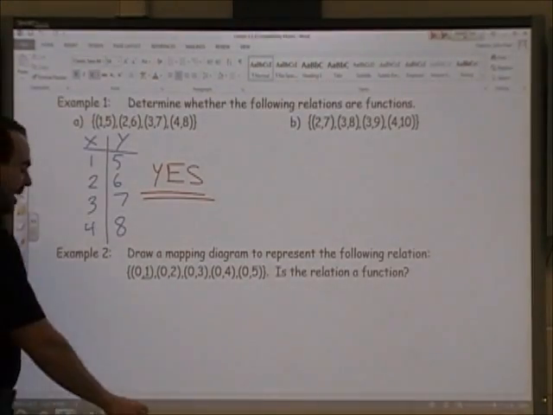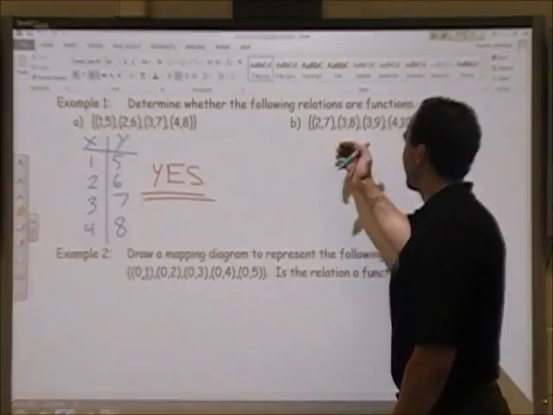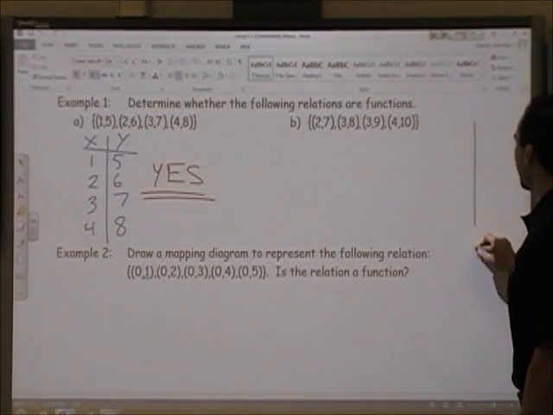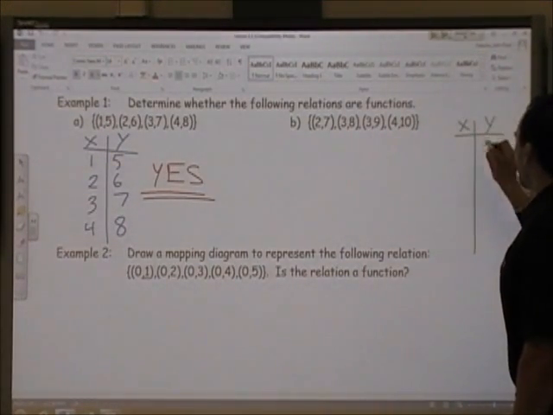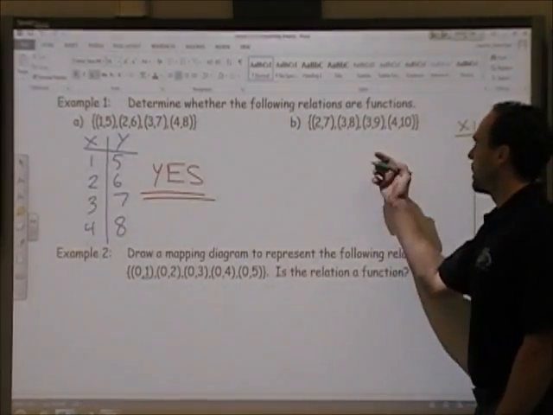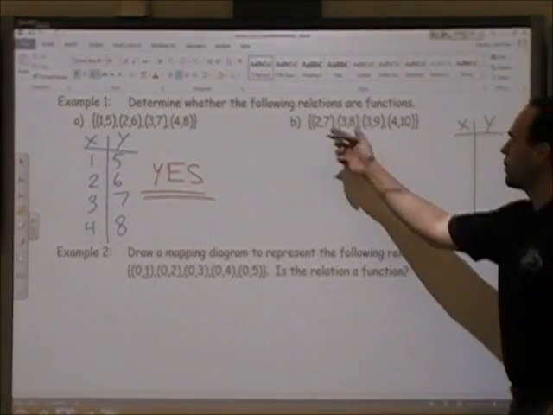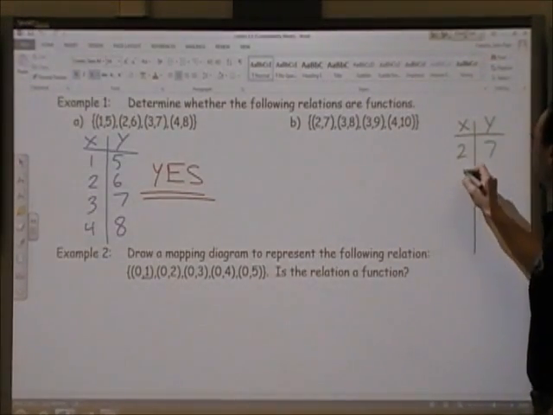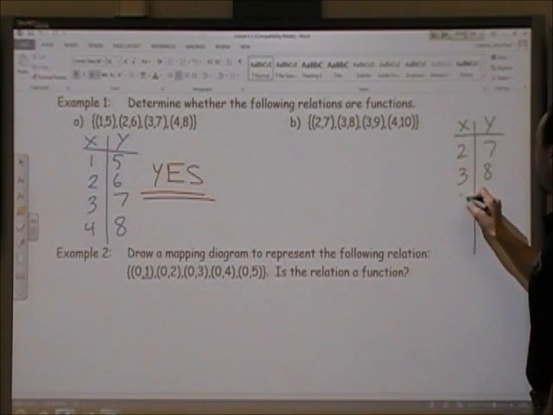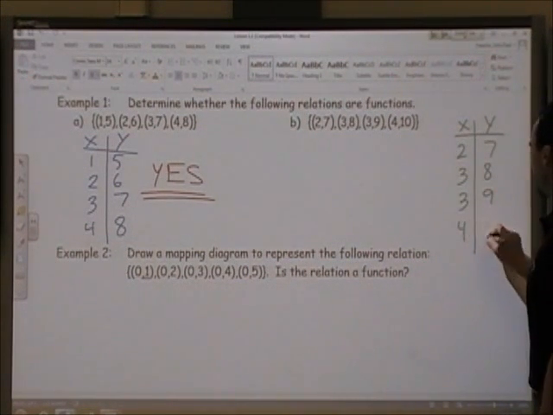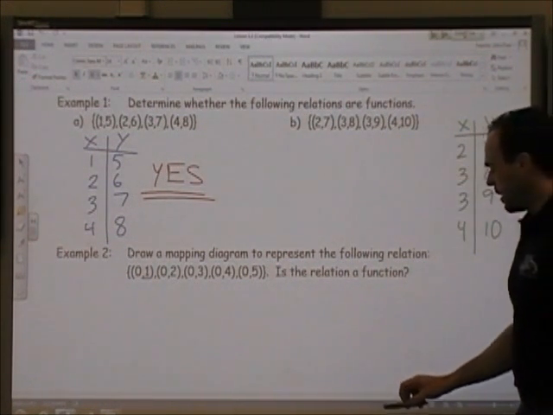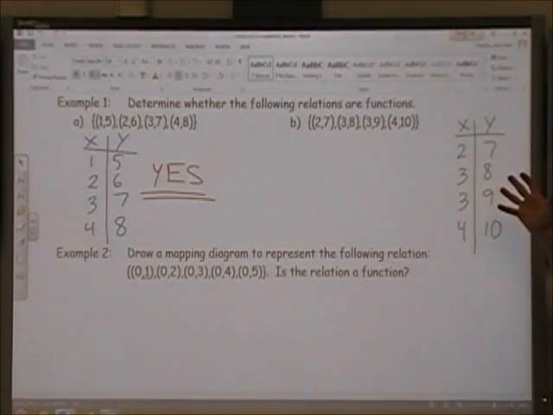And let's take a look at the second one. The second one, again, is in ordered pairs in a set. If I write each ordered pair in a table of values, the first point is 2, 7, the second point is 3, 8, then I have 3, 9, and 4, 10. I ask myself, is this relationship a function?